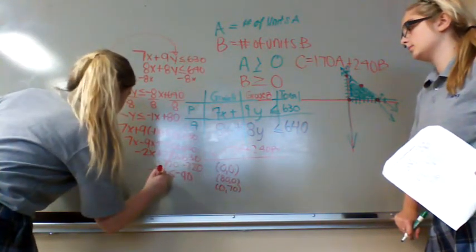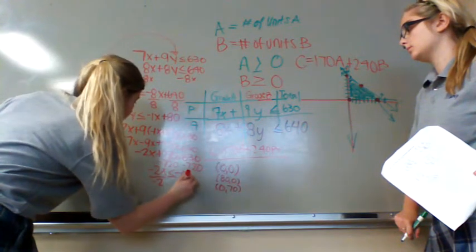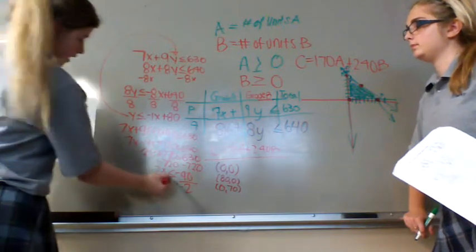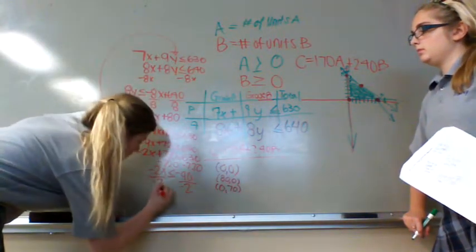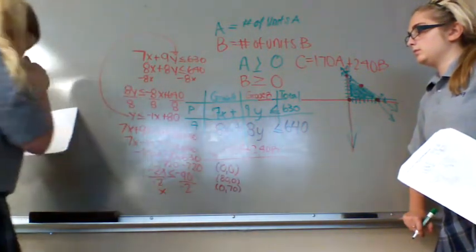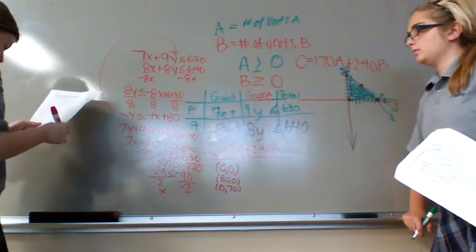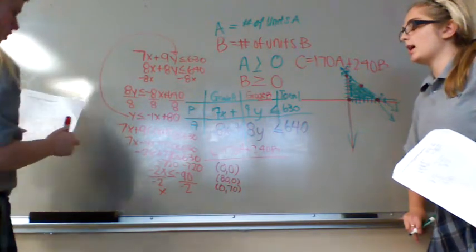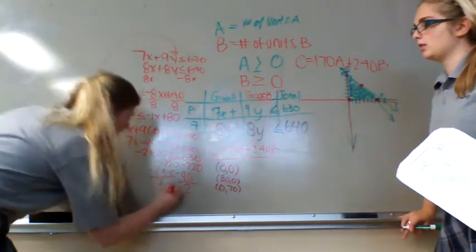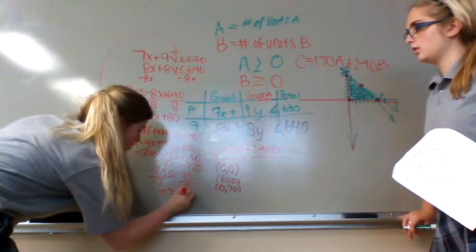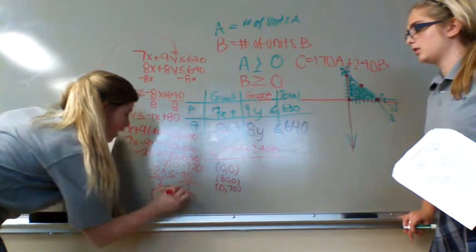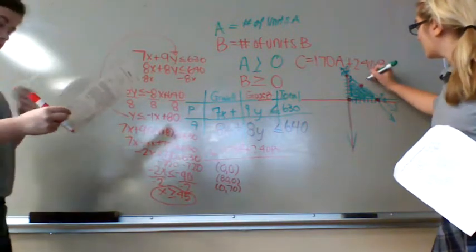And we'll divide by negative 2 on both sides. When you divide by a negative, the sign switches. And so we'll get x is greater than or equal to 45. And so then we found x, so do you want to find y?